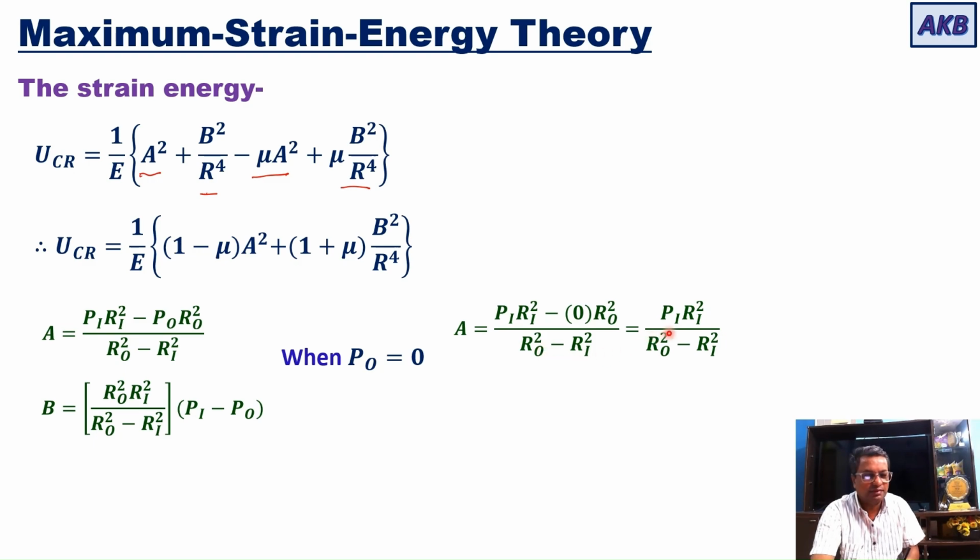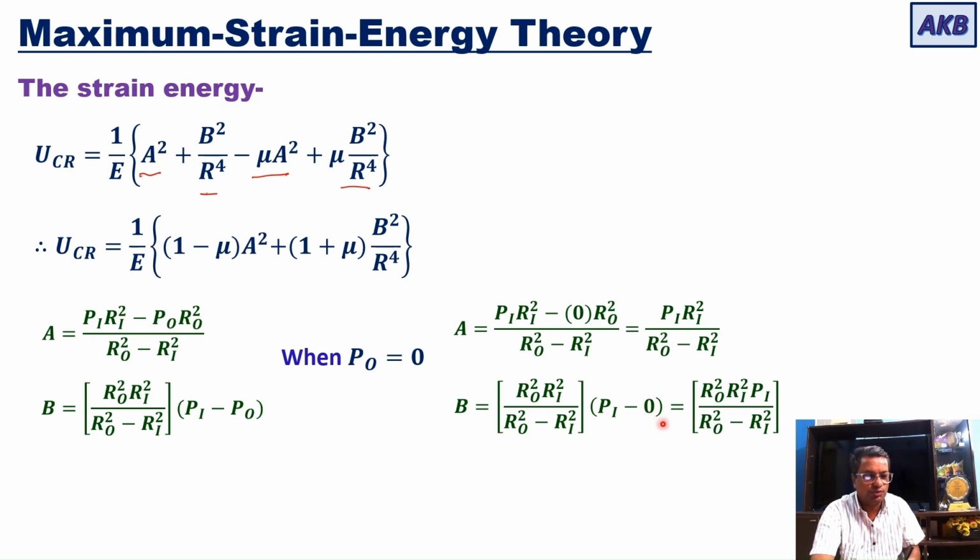That is nothing but Pi into ri square upon ro square minus ri square. And B will be ro square into ri square divided by (ro square minus ri square) into (Pi minus 0), because Po is 0. So that gives us ro square into ri square into Pi divided by ro square minus ri square.